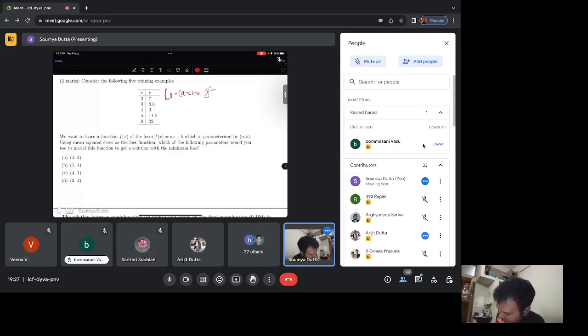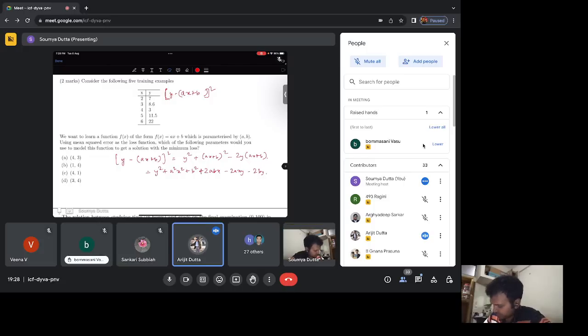Anyway, (y minus (ax plus b)) whole square, which is y square plus (ax plus b) whole square minus 2y(ax plus b). Let me break it down further: y square plus a square x square plus b square plus 2abx minus 2axy minus 2by. Yes, the 2abx is a plus.